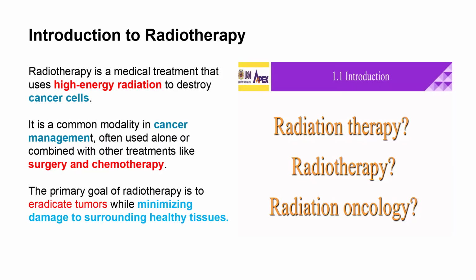So the primary goal of radiotherapy is to eradicate tumors while at the same time minimizing damage to the surrounding healthy tissues. Because you need to understand that in the use of this radiation in the treatment of diseases, you are going to expose the tumor cells to the radiation.